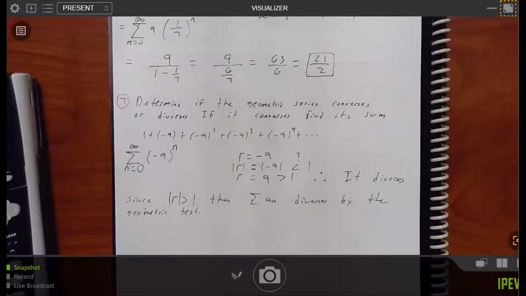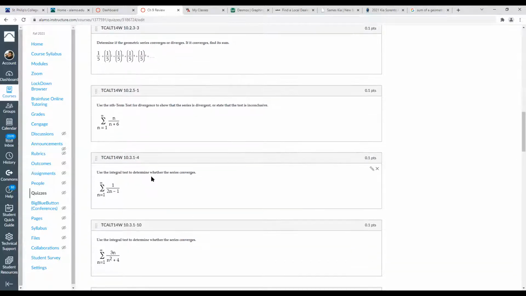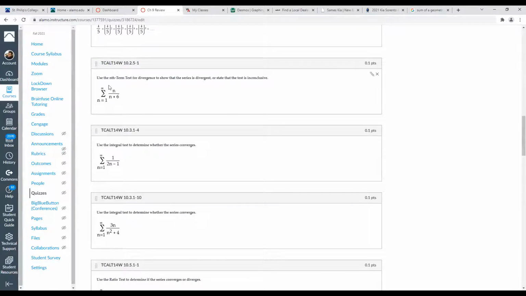Switch over real quick. So this one, it will converge because the absolute value of R is less than 1. So it will have a sum. So we use a formula from number 6. Move on to number 9.